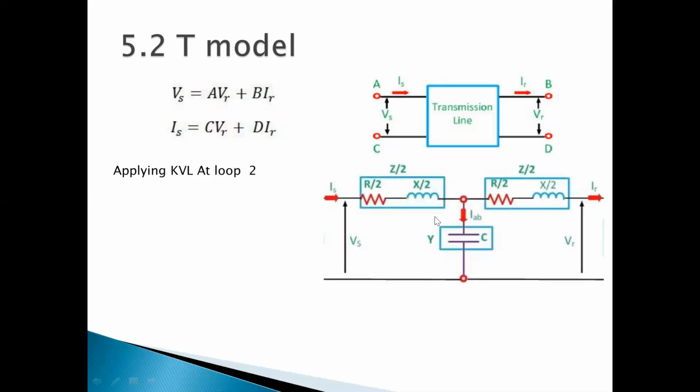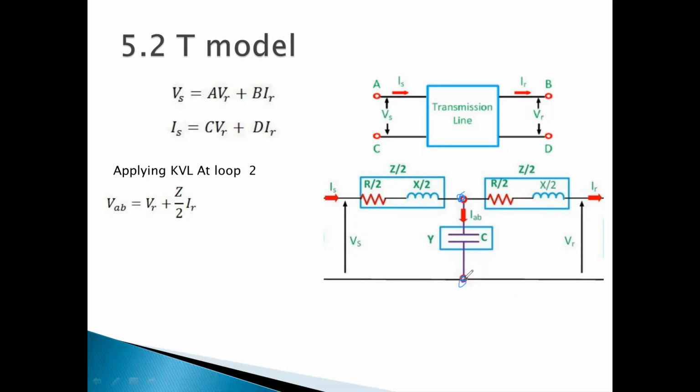So let's solve this for the T model. Let's apply KVL, the same thing we did in our previous lecture, to find the values of the constants for our T model. For that we have to solve our circuit. We apply KVL at the second loop. The voltage V_AB is the voltage from this point to this point.